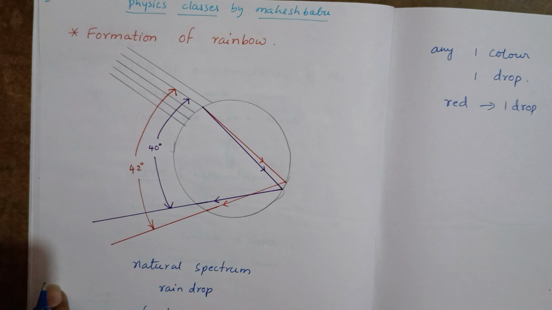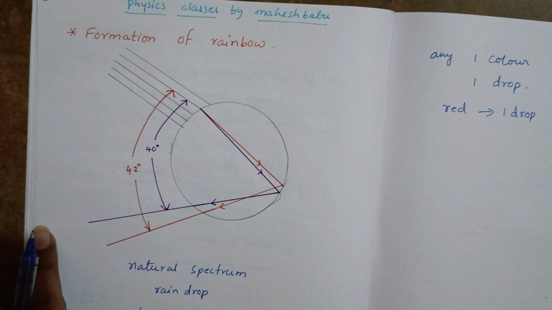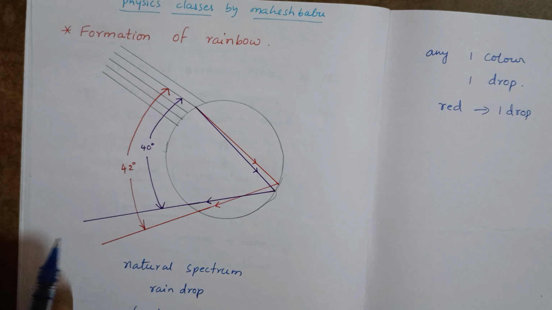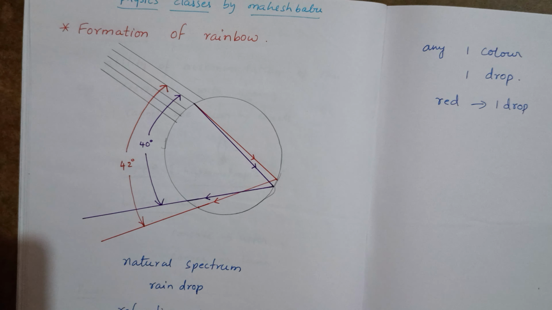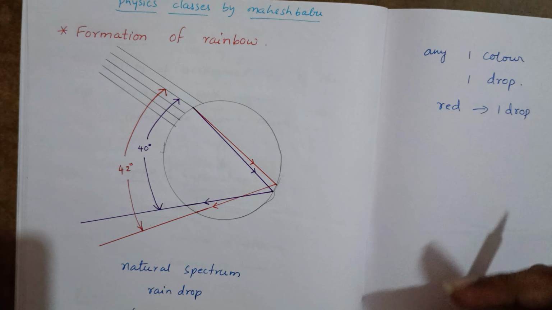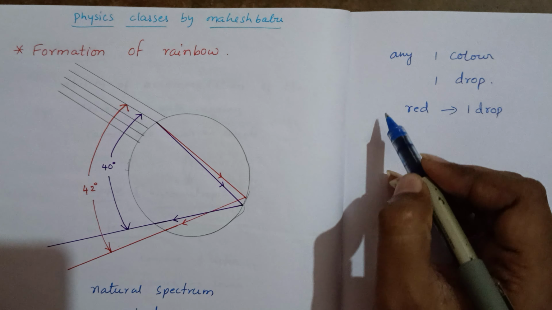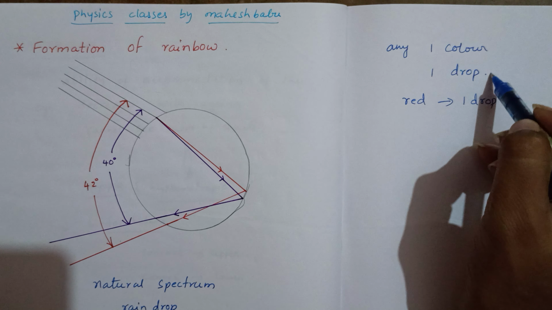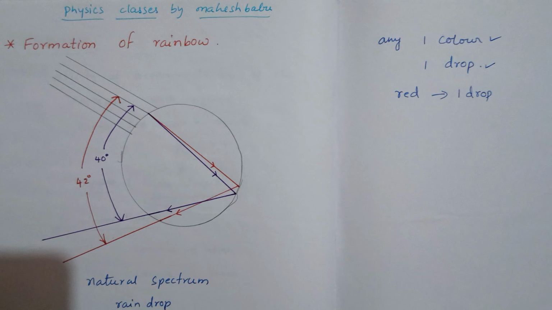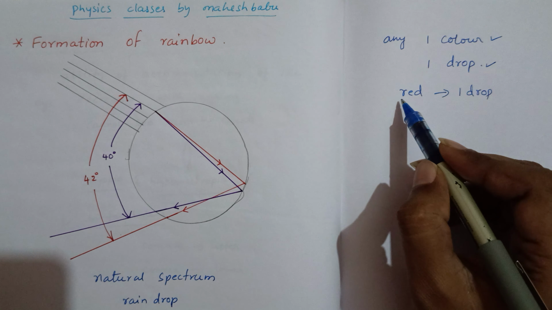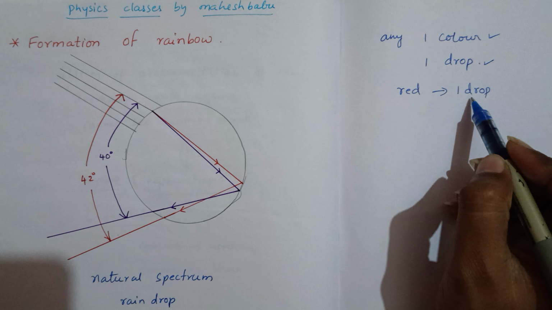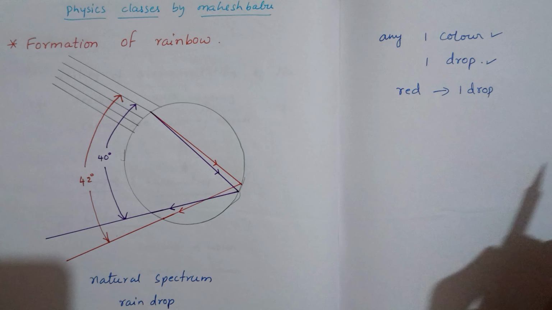As it travels more distance, it can't reach a single eye. So from one drop we can see only one color.